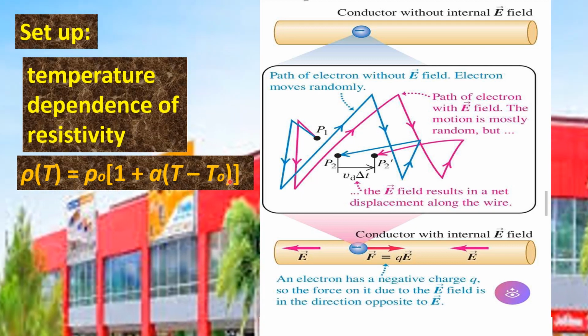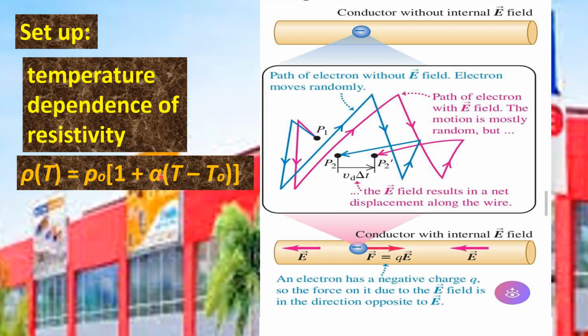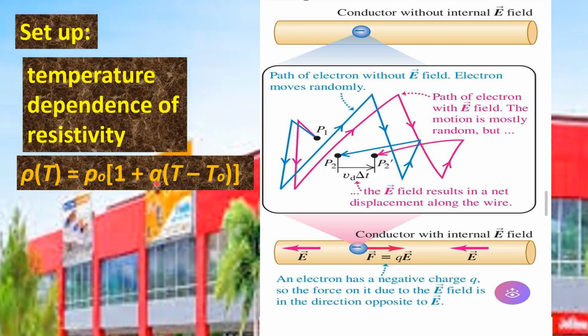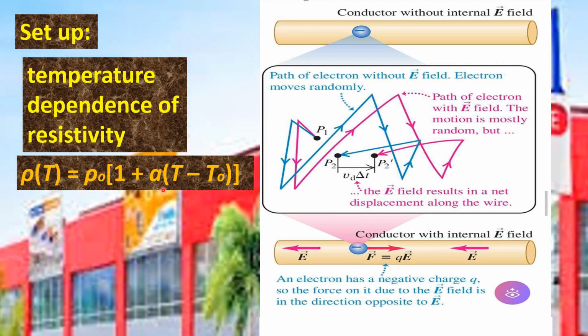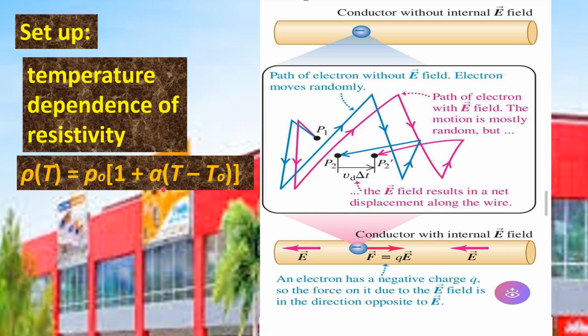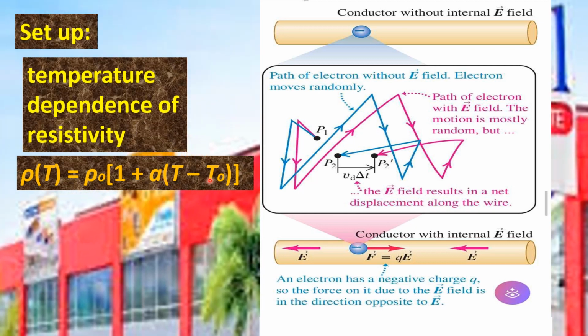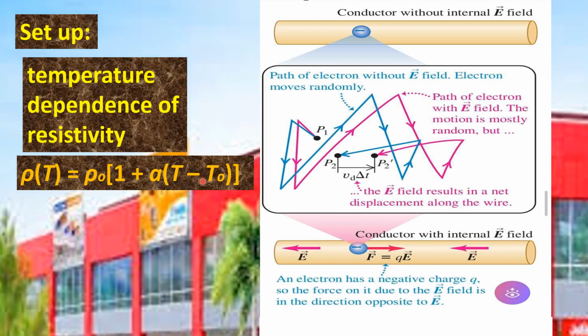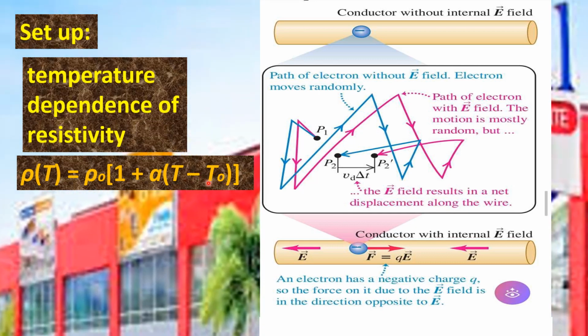Inside the bracket, we have 1 plus alpha. The Greek letter alpha represents what we call the temperature coefficient of resistivity of platinum wire, which has to be multiplied first by the temperature difference, capital T minus T naught.